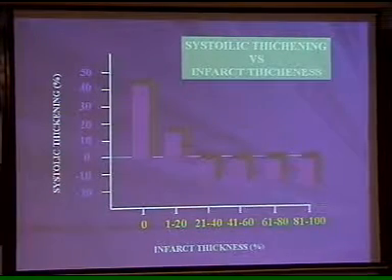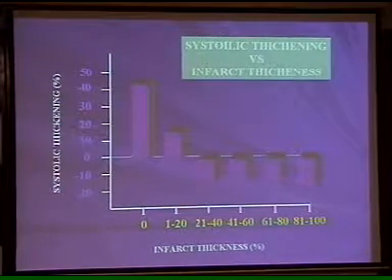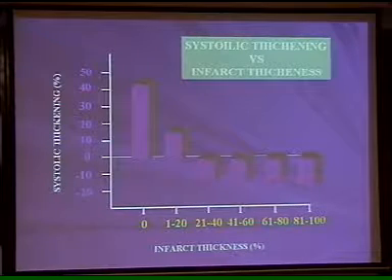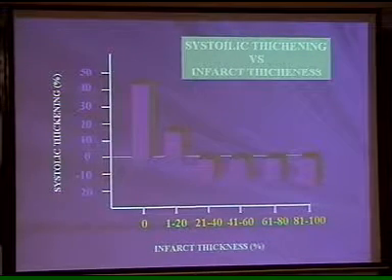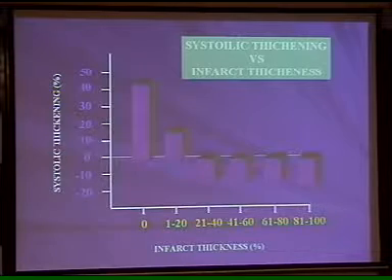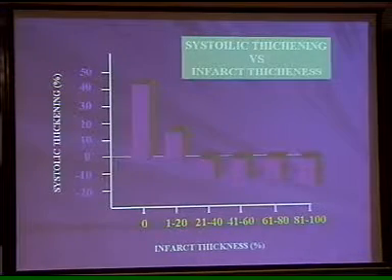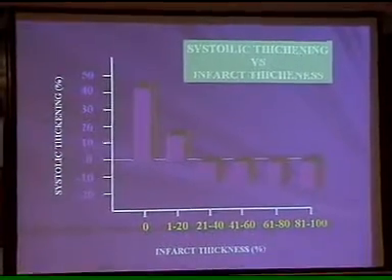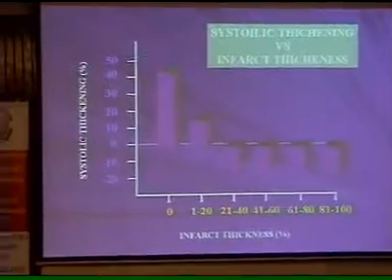This slide is just to give you an idea. Sometimes you refer the patient after your evaluation for some kind of intervention, maybe PCI or maybe surgery. And you have a report of echo that the patient is having 20% or 30% or 40% ejection fraction.